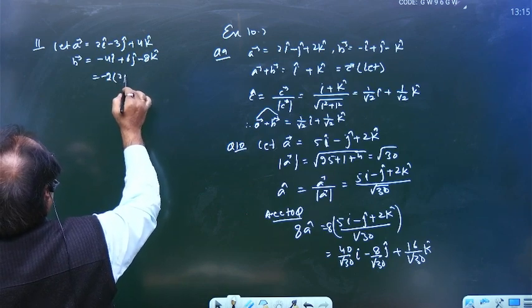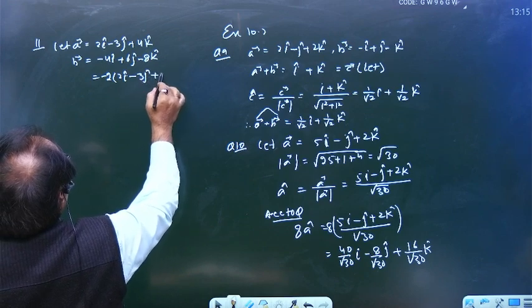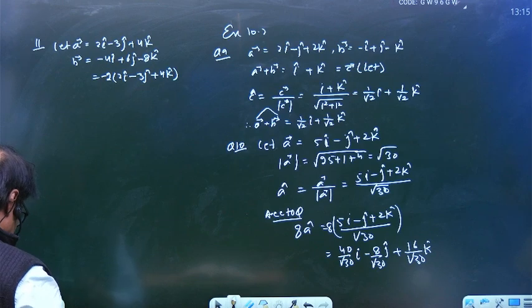So now it is 2i cap minus 3j cap plus 4k cap. So now vector a and vector b are related by a scalar number.